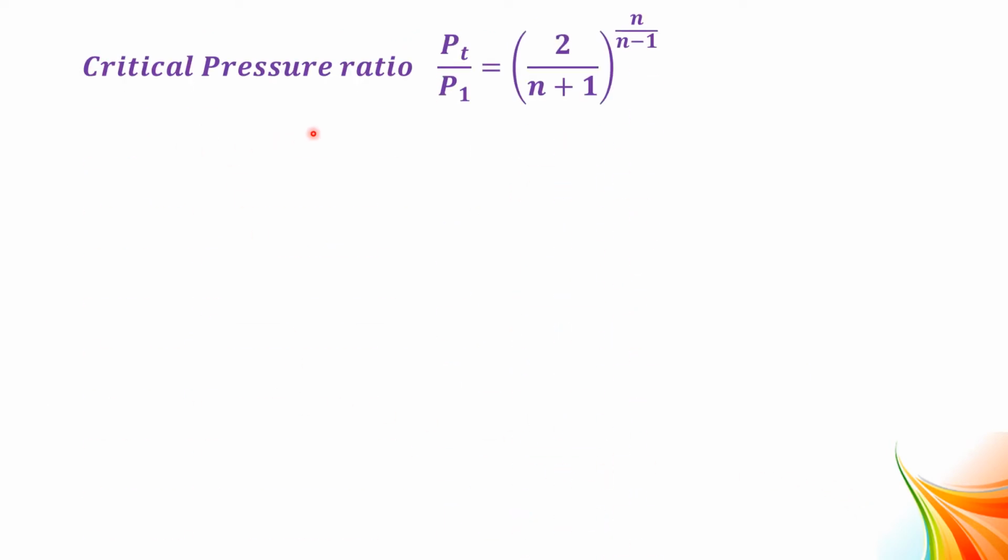Now we have to find out the throat pressure. For calculating the throat pressure, we have to use the critical pressure ratio equation Pt by P1 equal to (2 by (n plus 1)) the whole power n by (n minus 1). So here we know the value of n equal to 1.135 because the steam is dry saturated.